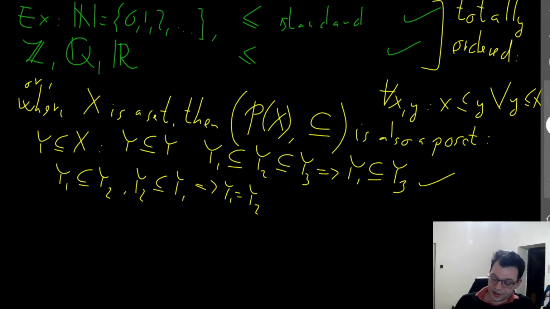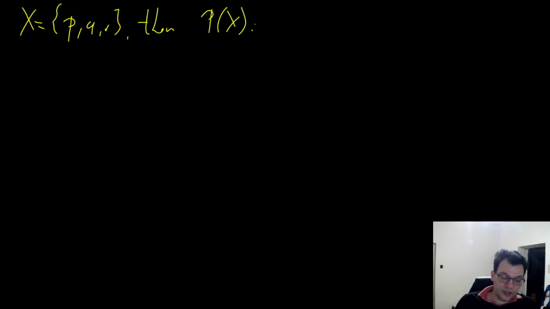So let's see it in a bit more detail. If X is just {p, q, r}, then P(X), how do I get this P(X)? This is what's called a Hasse diagram.